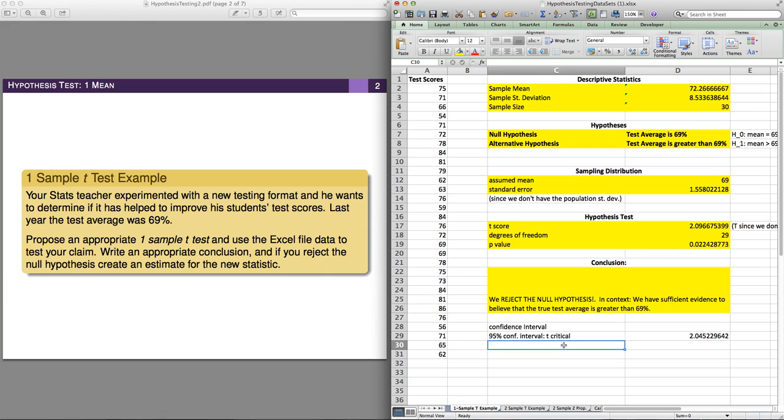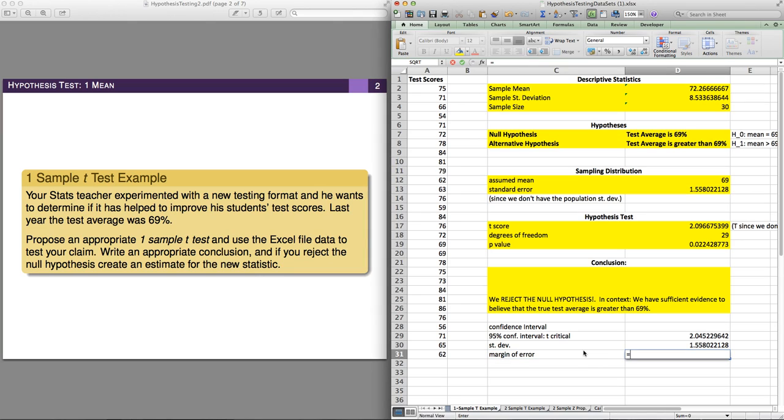For my margin of error, my standard deviation now needs to be built on my sample mean, not my assumed mean. So this is the sample standard deviation over the square root of sample size. I redo this calculation here even though it's the exact same calculation I got earlier, because when you're dealing with proportions, these will actually be different from each other.